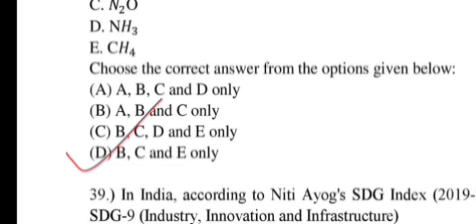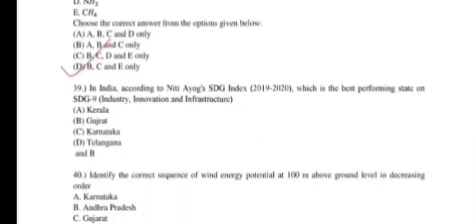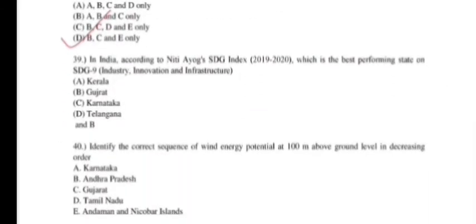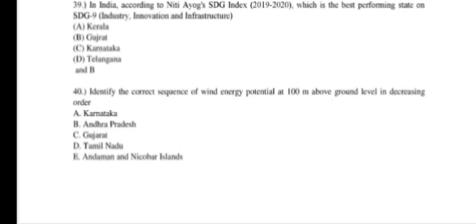Okay, it is done. Then I have got some kind of error in the 39 number question as per my research, so I will not solve it. Now let's jump to number 40.